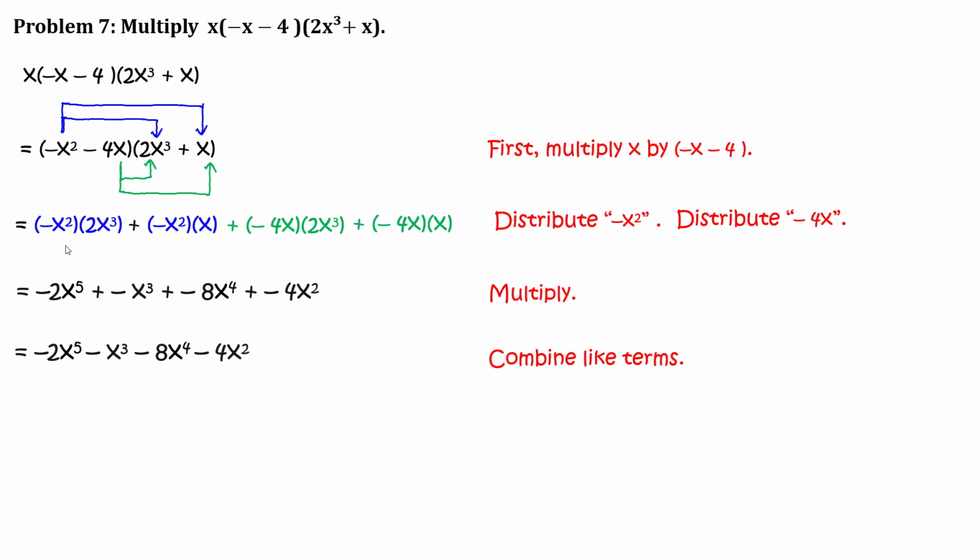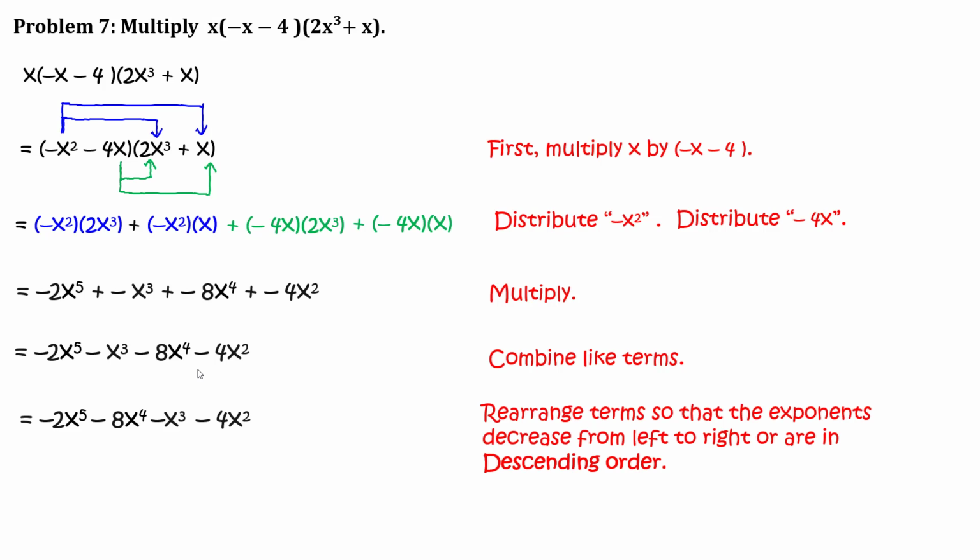You have a fifth degree polynomial, you have a fifth degree term, a third degree term, a fourth degree term, and a square. So what I'm going to do is just rewrite negative 2x to the fifth minus x cubed minus 8x to the fourth minus 4x squared. And then the last thing I'm going to do is what we did in the previous example, rearrange the terms so that the exponents decrease from left to right.